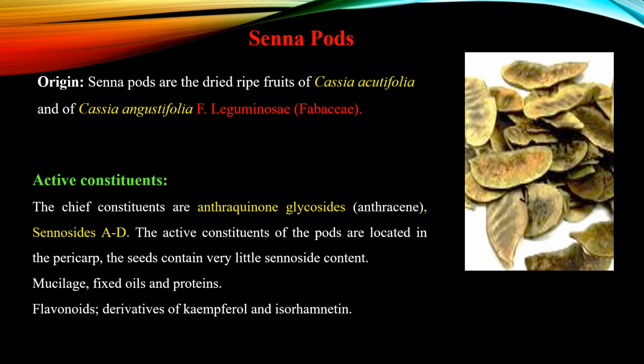Active constituents contain anthraquinone glycosides of the anthracene type, with glycosides known as sennoside A, B, C, and D. The anthraquinones are located in the pericarp part of the fruit, while the seed contains little or no anthraquinone. In addition to anthraquinone, we have mucilage, fixed oil and protein, and flavonoid derivatives of kaempferol and isorhamnetin.